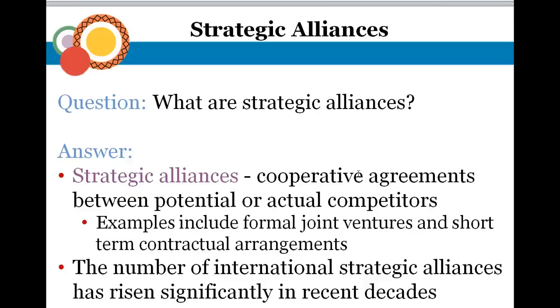Now, if we look at strategic alliances, what's a strategic alliance? Well, it's exactly what it sounds like. Cooperation among different competitors, or different companies, and strategic alliances between firms in different countries.